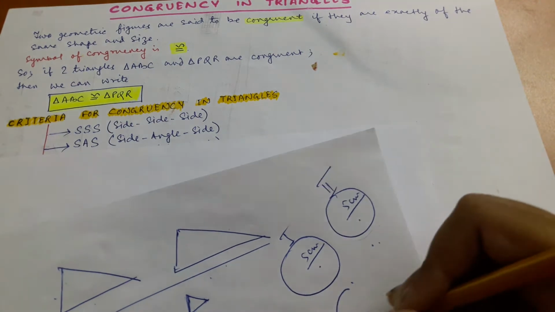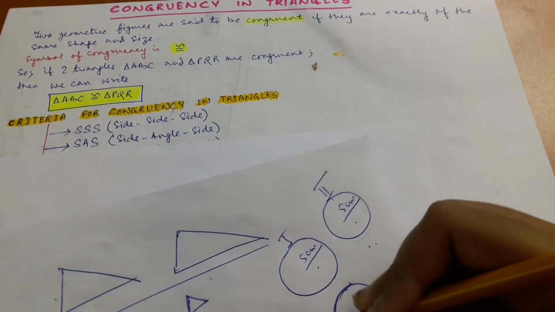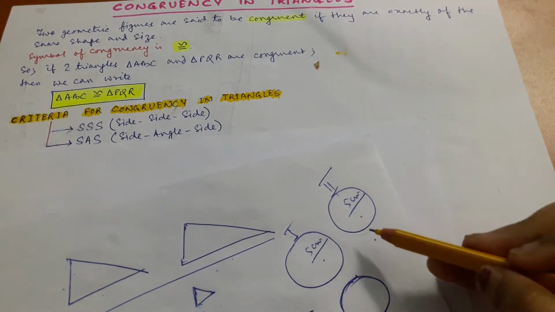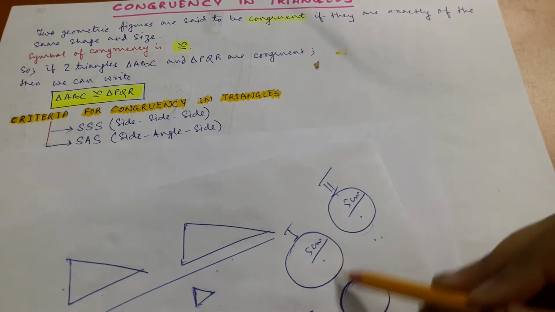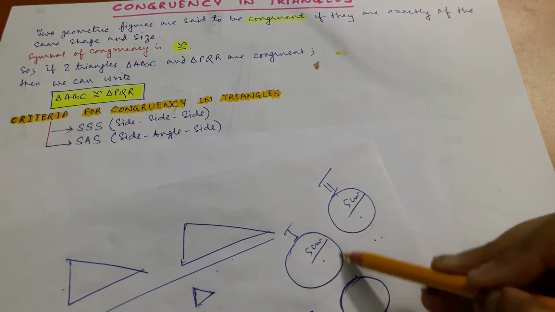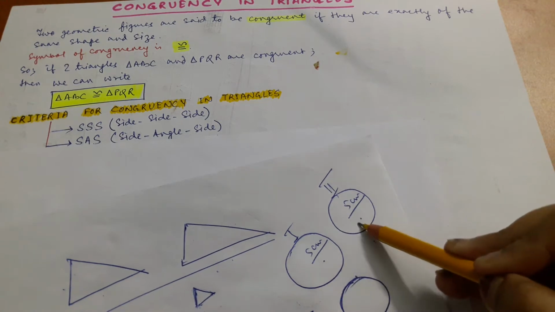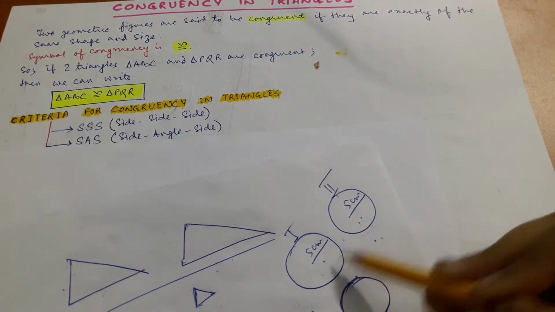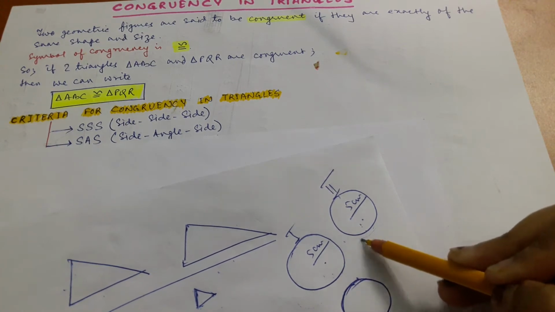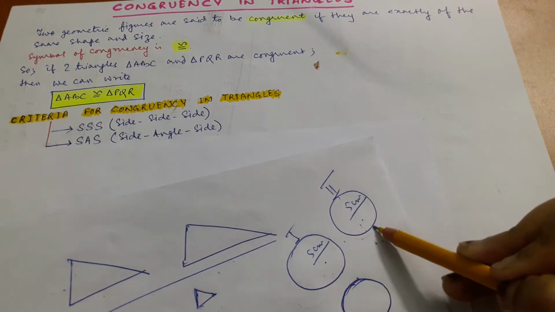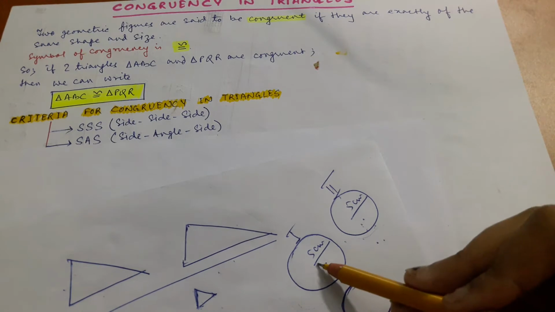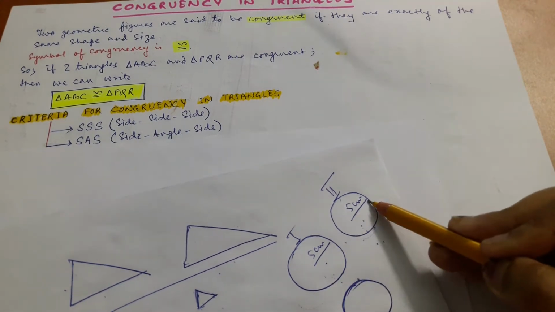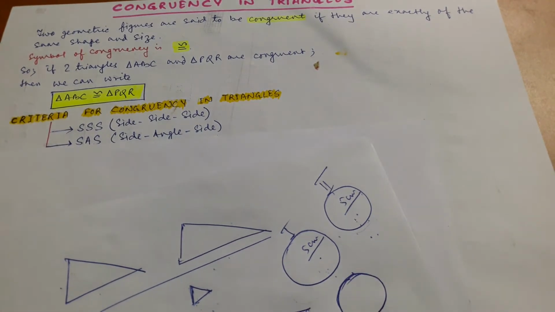If I impose the second circle on the first circle, I won't be able to see any part of circle 1, because circle 1 is completely covered by circle 2. No extra part is remaining. So these two circles are superimposable. This means these two circles are congruent. For circles, if the radius is equal, it means two circles are congruent.